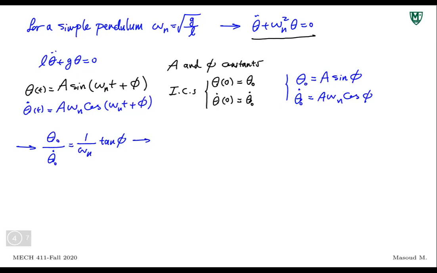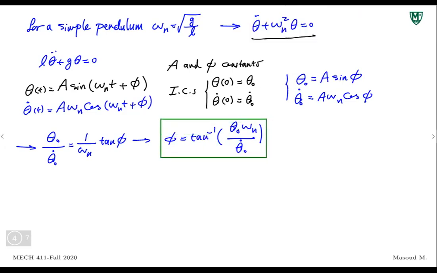So I can actually find it from here. Phi becomes tan inverse, right? Theta naught omega n, theta naught dot. It's important. So this is the equation to find the constant phi from those two initial conditions I had.